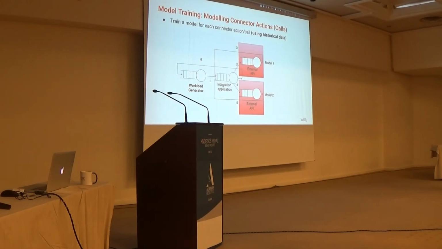Right. So then, how do you actually get the performance for this? This is a 2-step process. The first step is to build a set of models for each of these interactions, right?